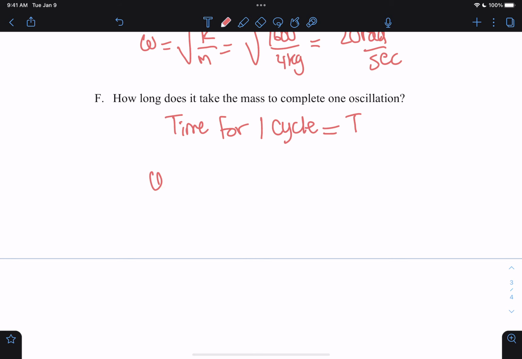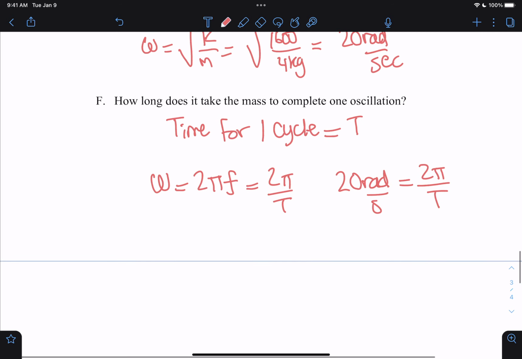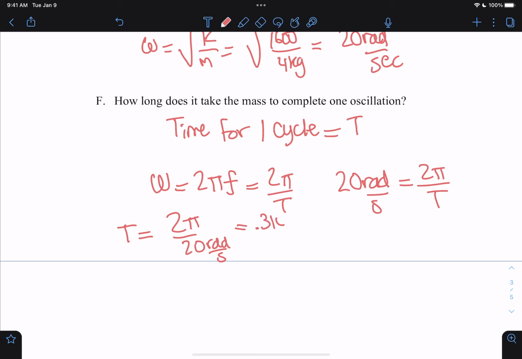And so if we have omega, we know that that's equal to 2 pi f, or the same as 2 pi over period. So this is just a matter of rearranging equations and plugging and chugging. 20 radians per second is equal to 2 pi divided by T. And we can rearrange to get T is equal to 2 pi over 20 radians per second. And so then we get 0.314 seconds as our period there.